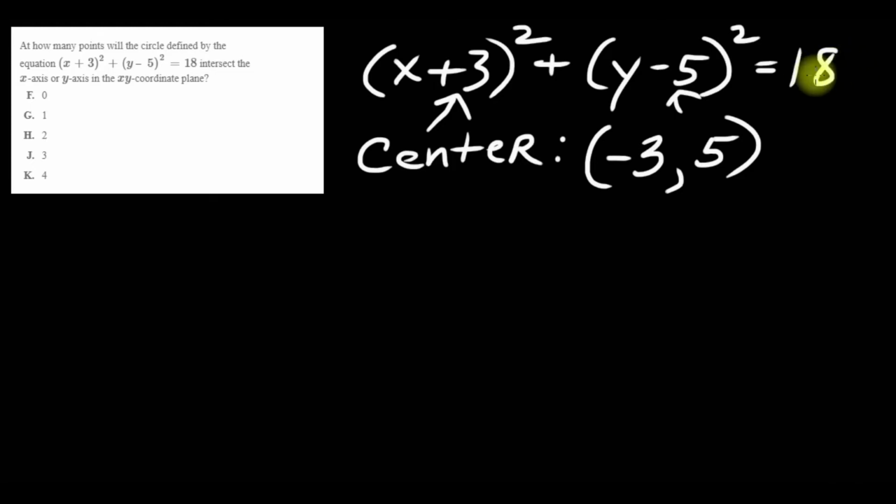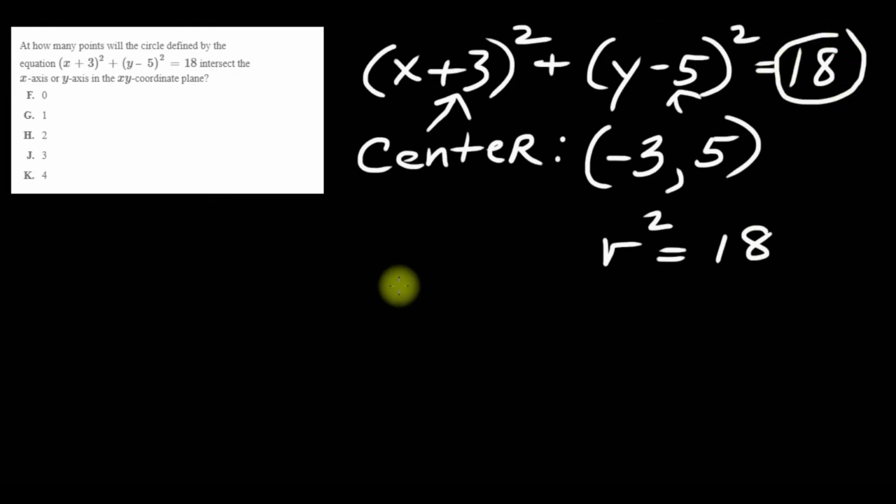And the 18 is the radius squared. Okay, so the radius squared is the 18. So this number here is r squared. Okay, so we're going to make a simple sketch to see where the graph crosses the x-axis and the y-axis.